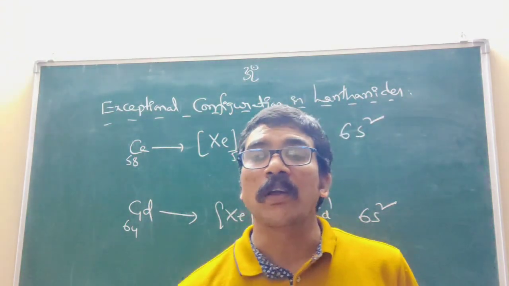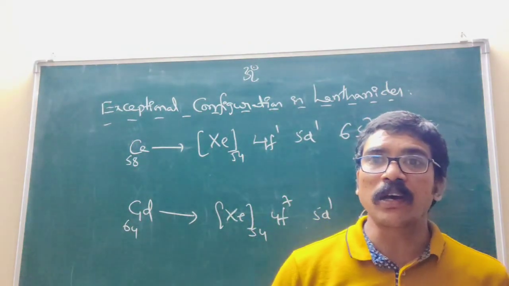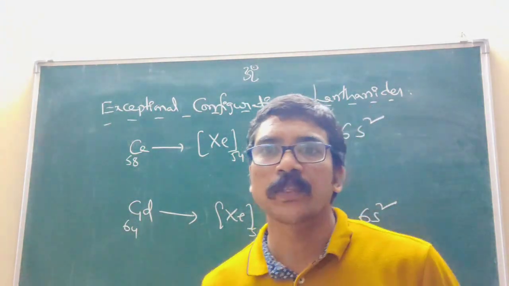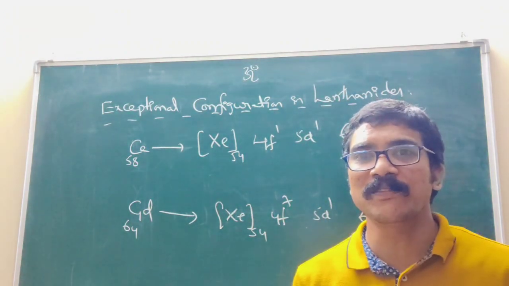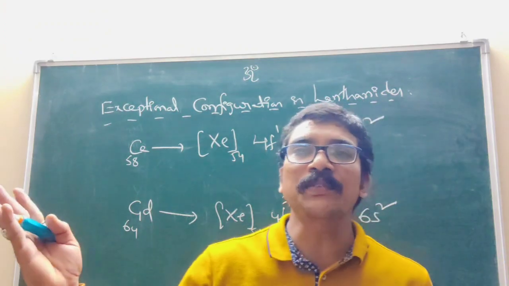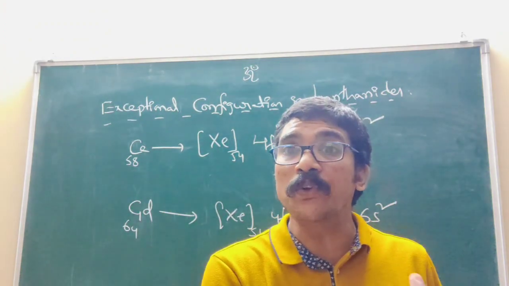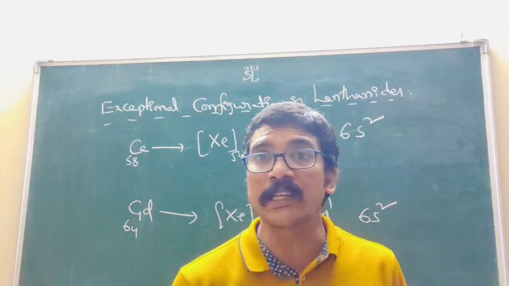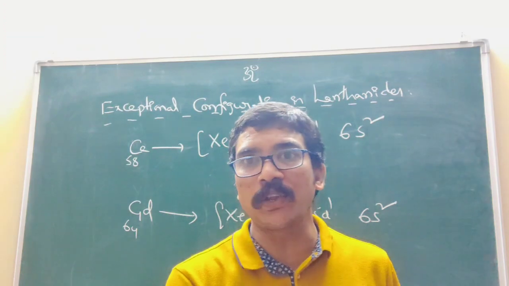In the case of lutetium, the configuration is 6s2 5d1 4f14. But it is not an exceptional configuration. Why? After complete filling of 6s, the electron enters 4f. After complete filling of 4f14, then one electron is present in 5d.